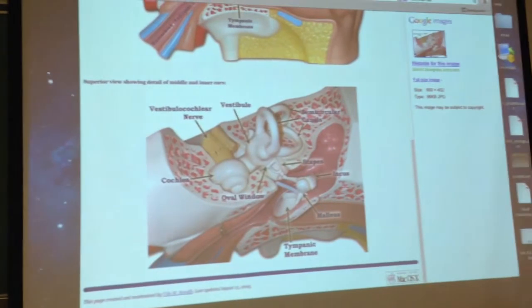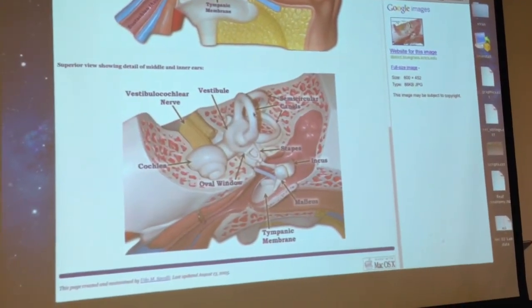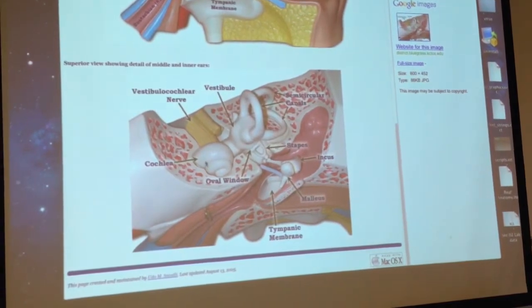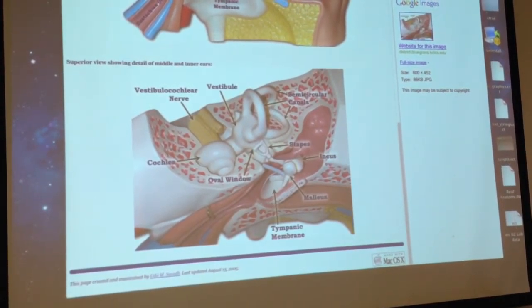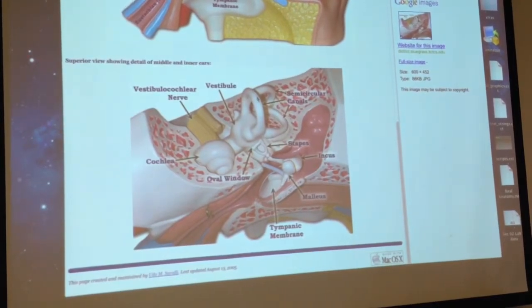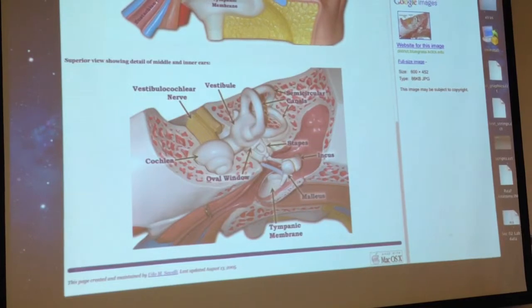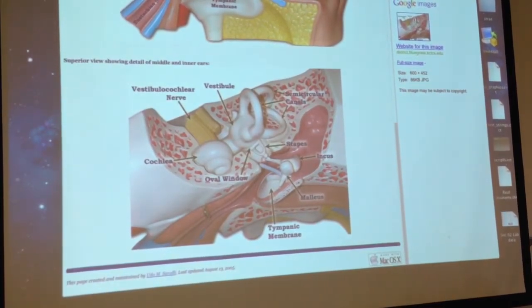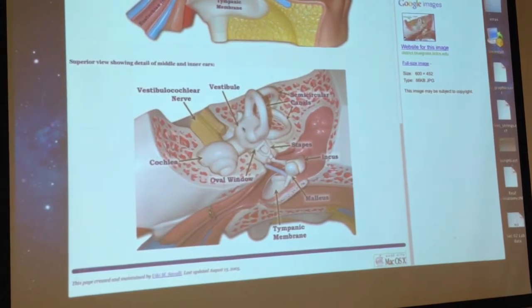So this structure here is actually composed of three different parts. The one all the way over here, that's our cochlea. These U-shaped structures on the lateral portion, there's three of them. Those are called semicircular canals. And then the area in between them is the vestibule. So it's kind of like two bumps.